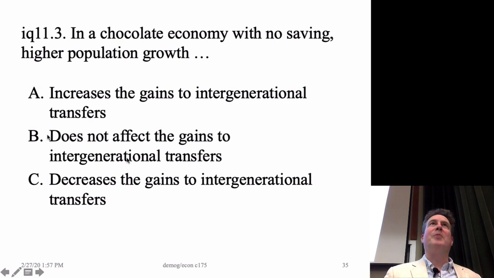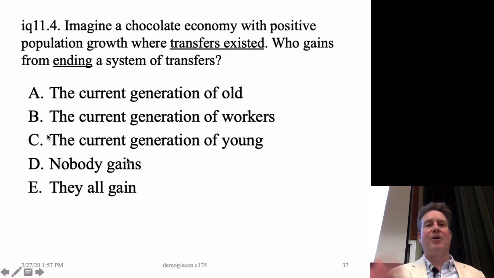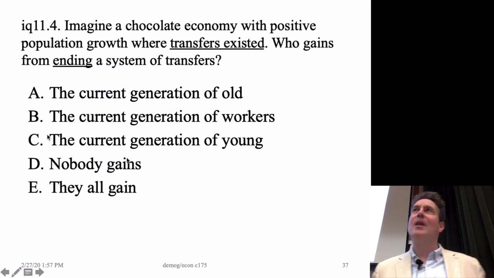The problem is that if population growth falls, then the gains to a pension system also decline. So the gray area comes in: if you thought about ending the system of transfers, that would hurt everybody, but maybe the stress on working age populations is pretty high if population growth has fallen. So that's the subtlety. We'll continue this next time.